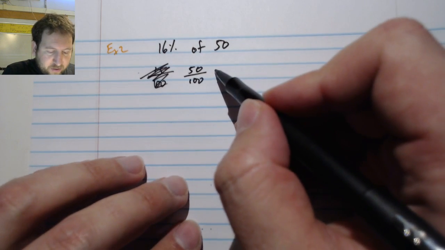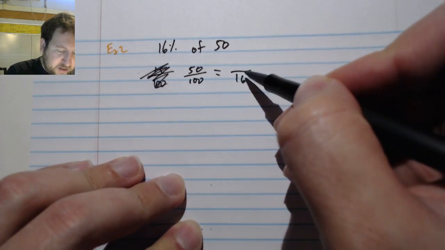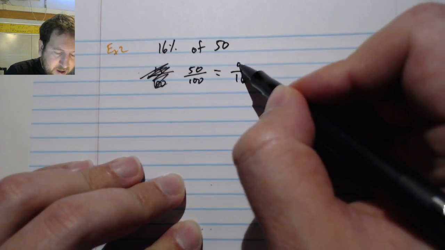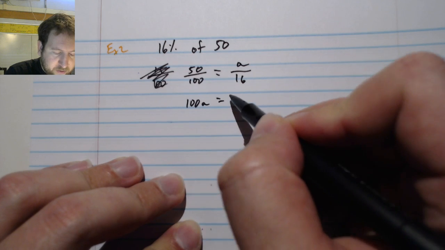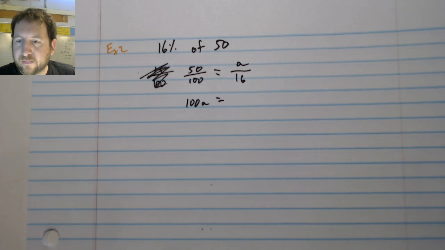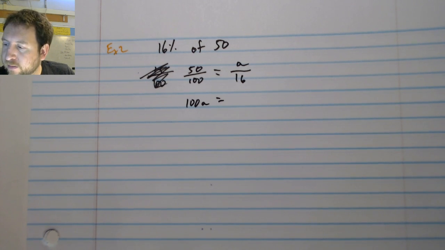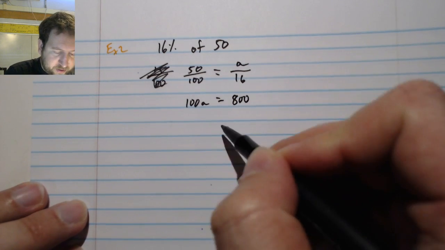And I'm going to set that equal to, I only want 16%, so I want to know what A is. Set it up, I've got 100A equals 50 times 16. Well, this is going to be one that I'm just going to use my little calculator on. 50 times 16 gets me to 800.